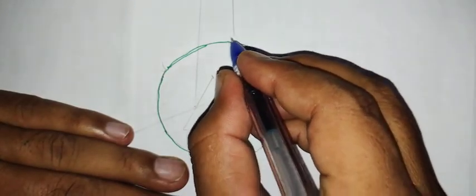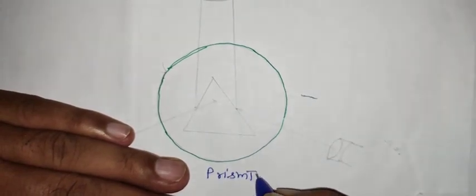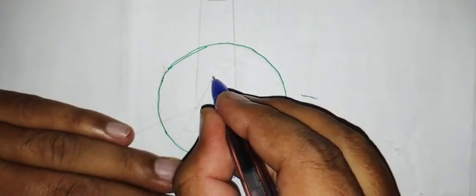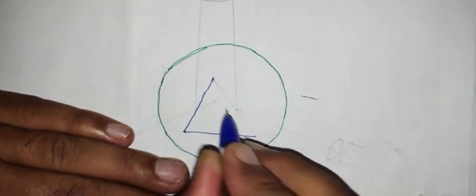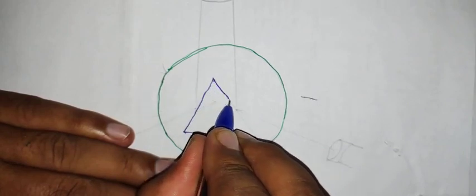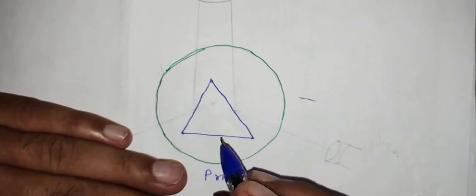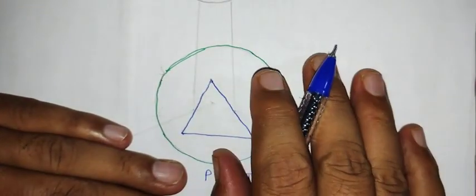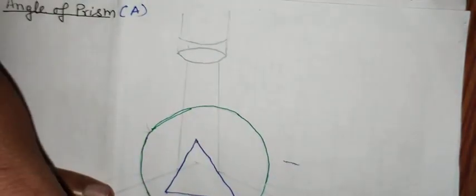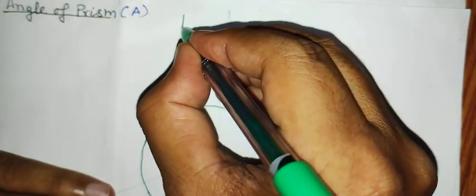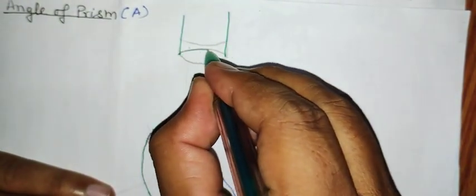This is the prism table, where the prism is adjusted to make ready for the experiment. All the arrangement is made. Here on it, see the position of the collimator. A part of the collimator is represented here in the diagram.